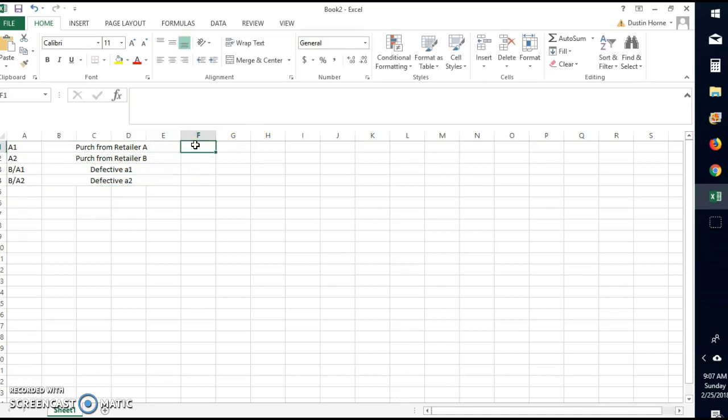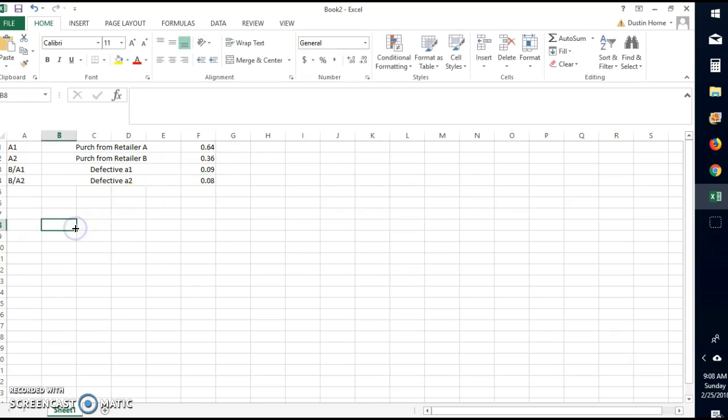So the probability that it's purchased from retailer A, I believe, was 0.64, and the probability that it's purchased from retailer B was 0.36, and the probability that it is defective, given it is purchased from retailer A, is 0.09. And the probability that it's defective, given it is purchased from retailer B, is 0.08.